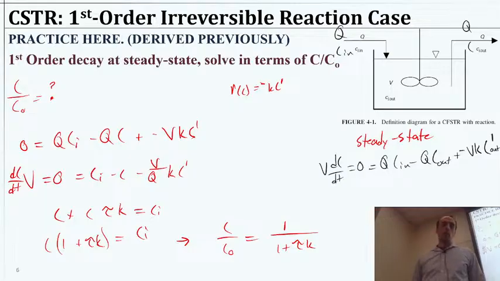Okay, so when we take this equation and we go to simplify it, we can solve it for C over C naught.